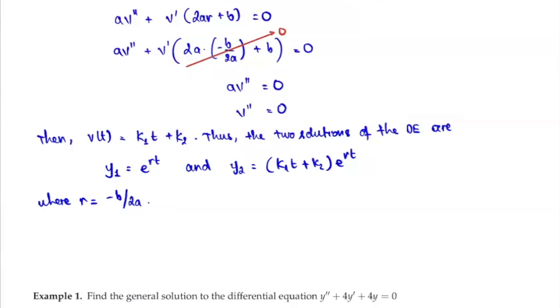And we can, of course, show that the two solutions are linearly independent by checking the Wronskian of y1 and y2.